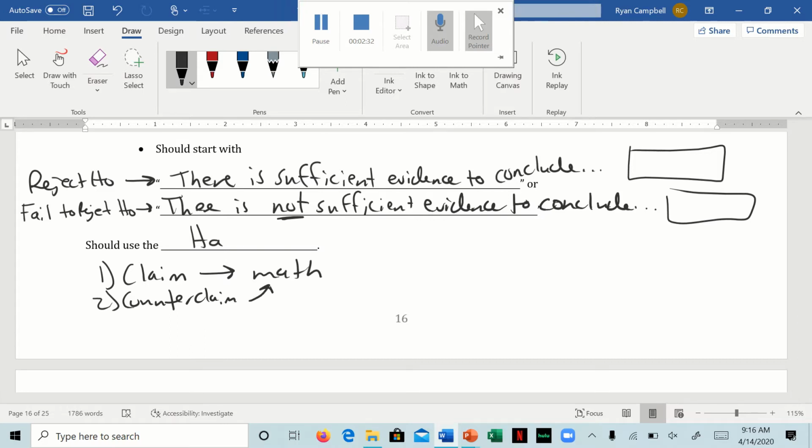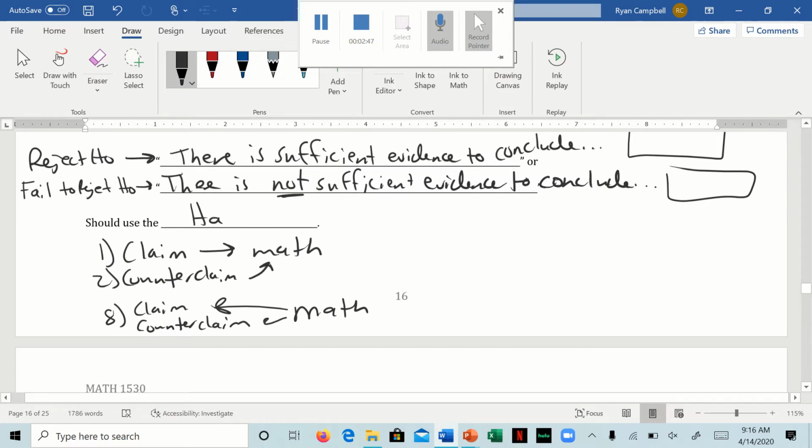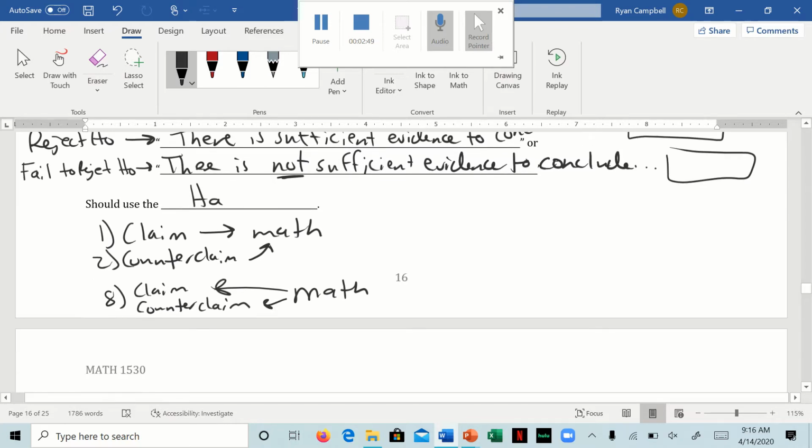So basically step 8 is going to be going backwards, taking the math and turning it into either the claim or the counterclaim, depending on what our HA was. And they already gave you the words for these, so hopefully it'll be okay.